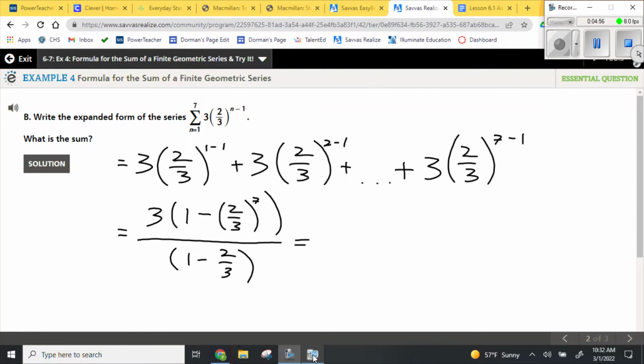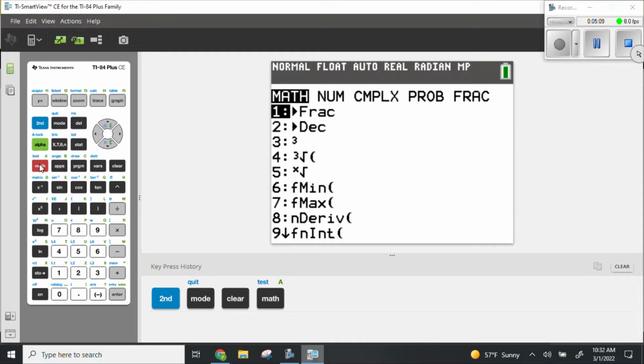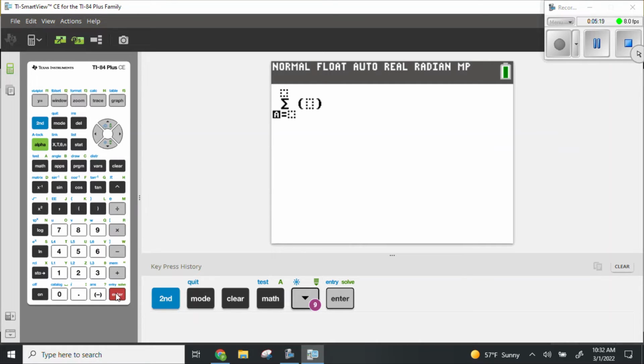All right, so let's get out our handy dandy calculator. And I'm going to show you how to input this. So you're going to hit math, and then you're going to scroll down and you'll see that there is a summation. You're going to hit enter on that, and you're going to enter all this stuff.